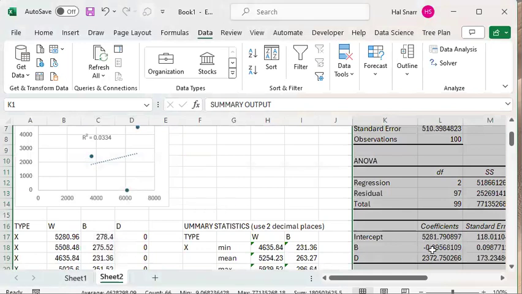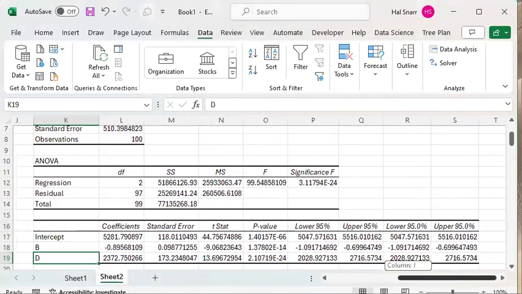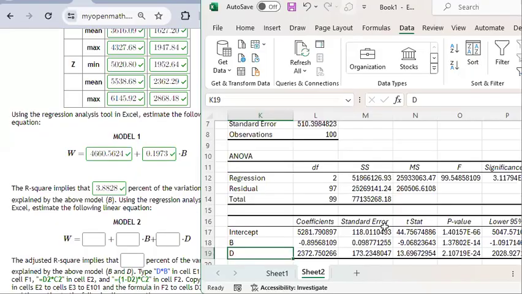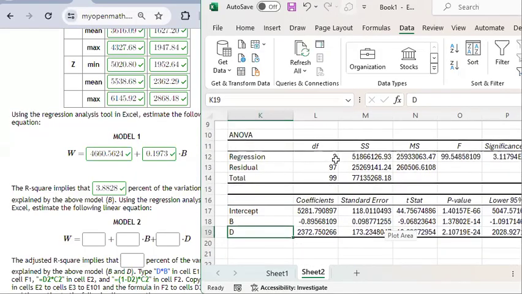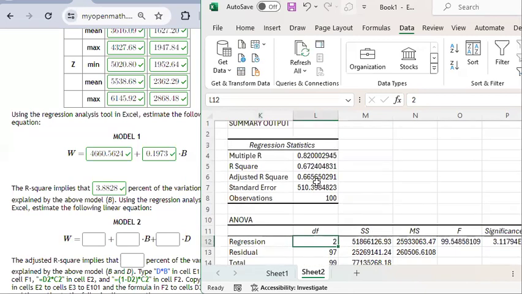So now I've got two variables, the benefit level and the dummy variable D. This is my multiple regression model. When you have two or more X's, you want to interpret the adjusted R square.